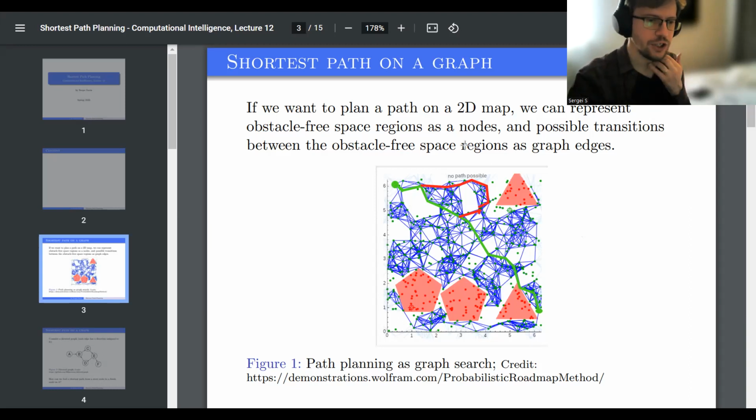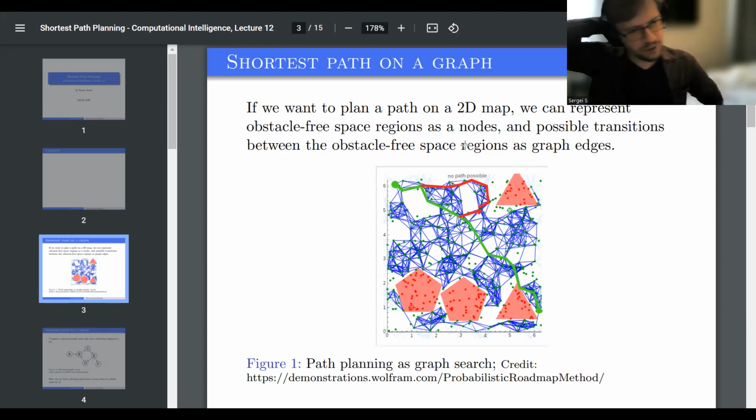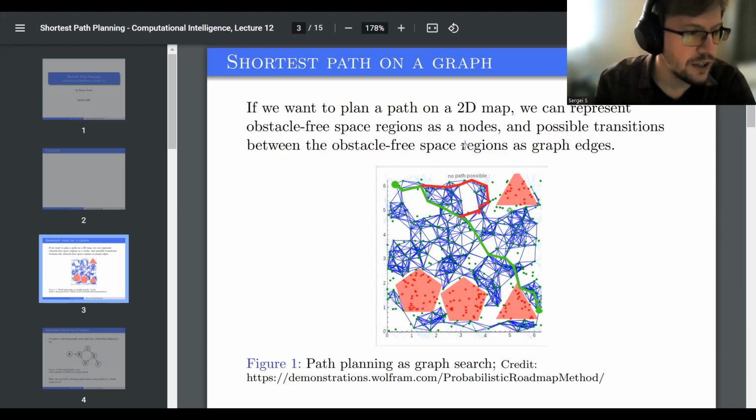Well, you can imagine representing certain points on the map as nodes, connection between those points as edges, and then you can say, okay, let me try to plan a path from point A to point B. That is one possibility. Another possibility is, let's say, is just like how you can theoretically do it.